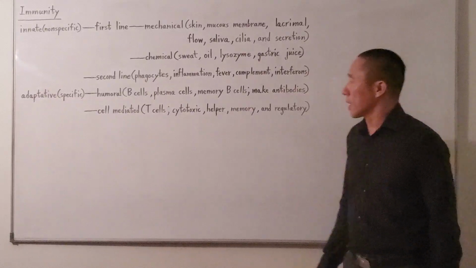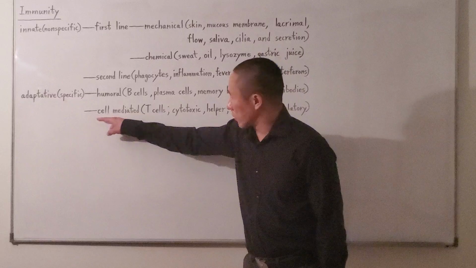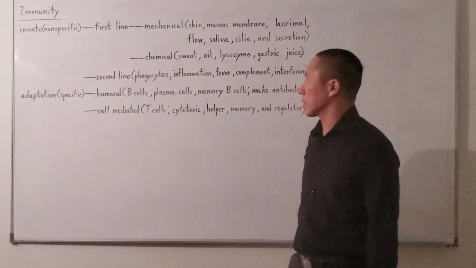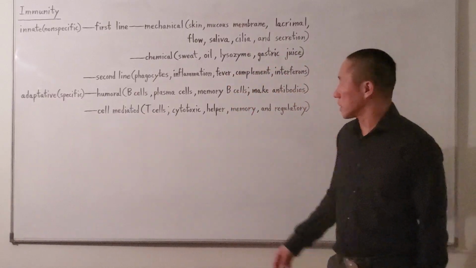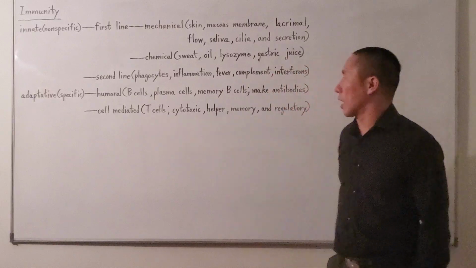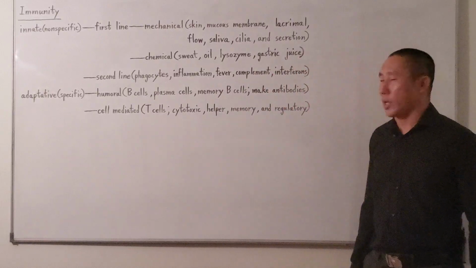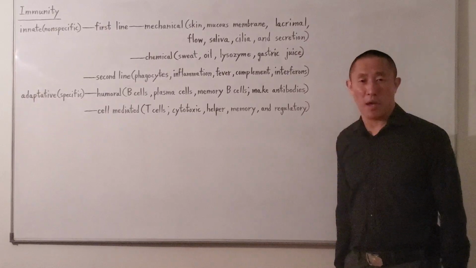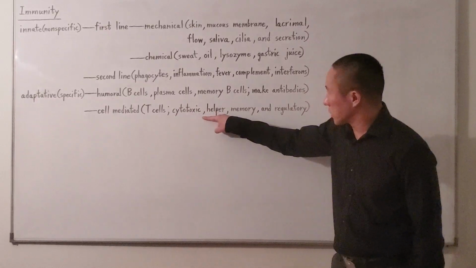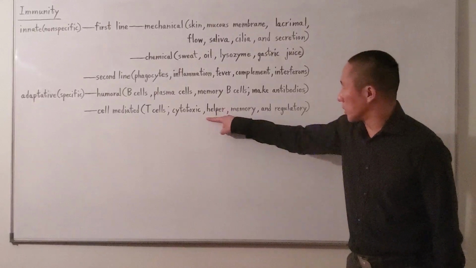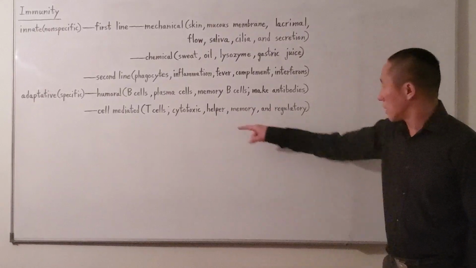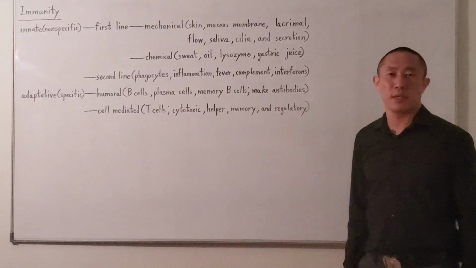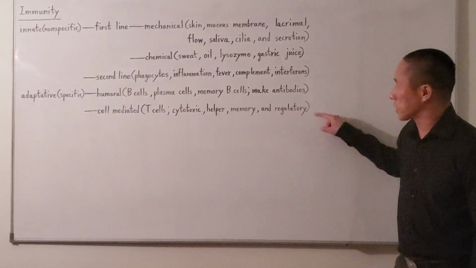Okay. Now, the cell-mediated immunity is all about T cells. Now, we have four major types of T cells, and they are cytotoxic T cells, helper T cells, memory T cells, and regulatory T cells.